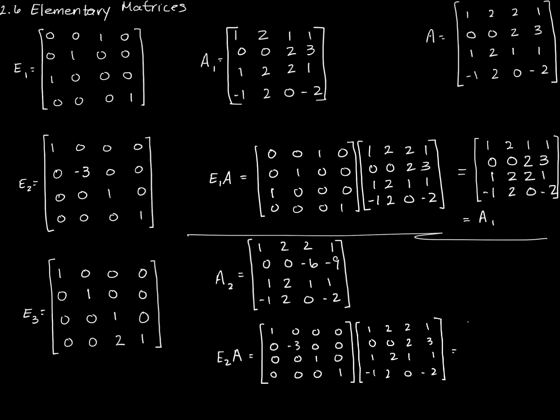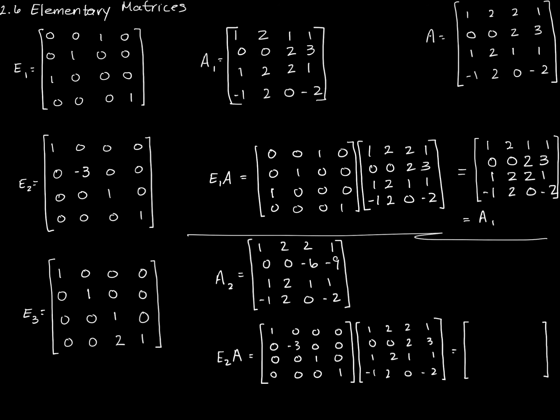And I'll use the same argument here. First of all, it's a 4 by 4 matrix times a 4 by 4 matrix. So I can do the matrix multiplication, and that will result in a 4 by 4 matrix.